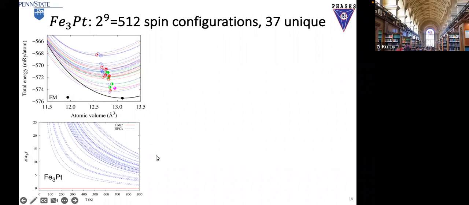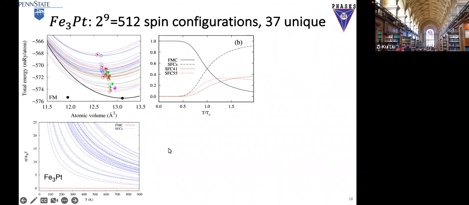So we can calculate the probability of the different configurations, the macrostates. The black line here is the ground state at this very low temperature, 100%. It's all ground state. However, when temperature increases, you can see that the non-ground-state population starts to increase statistically. It reaches about 50%.